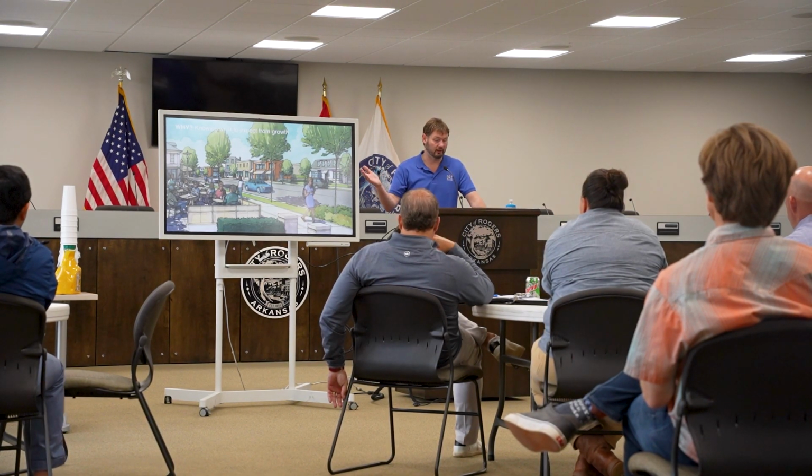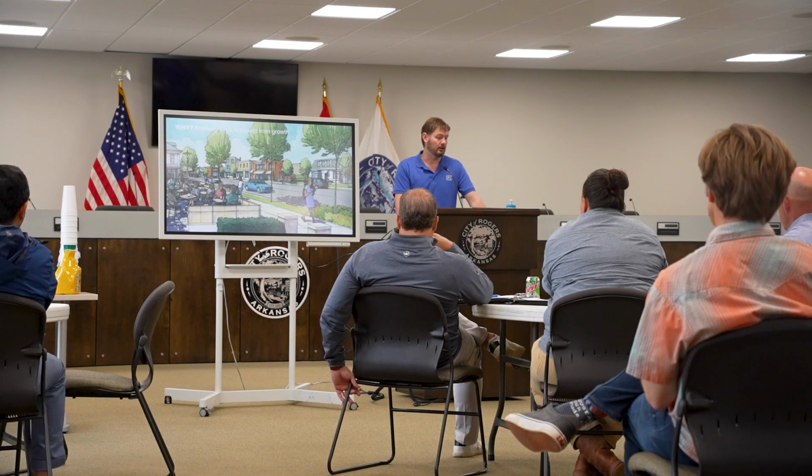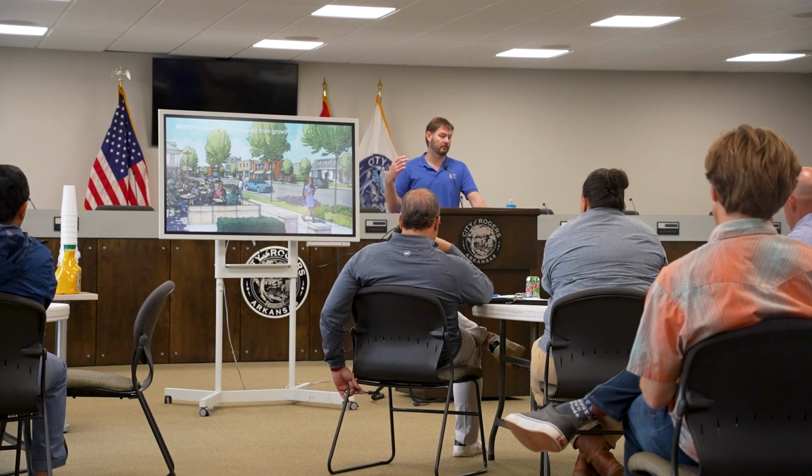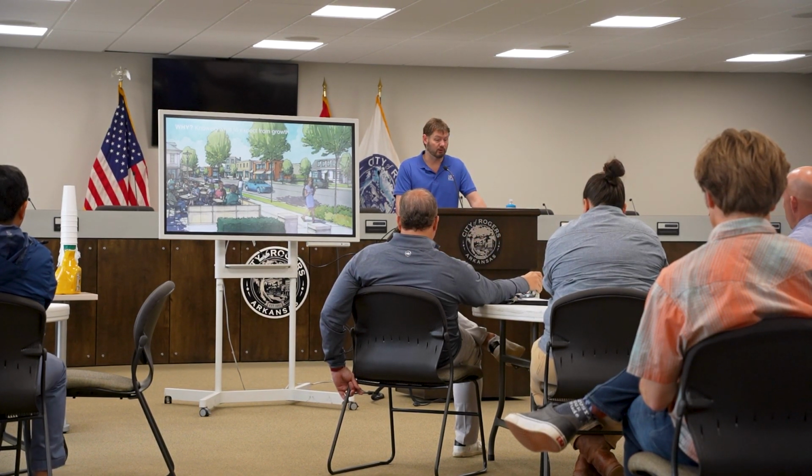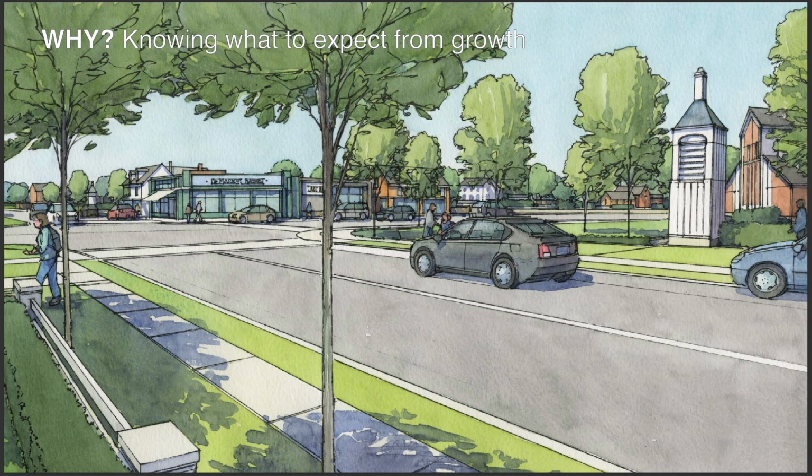Now, a Main Street place type, like this drawing, in the growth map, that really evokes an expectation of where buildings would be located, how tall they are, what sorts of uses are in those buildings, and how people will inhabit that area. And a neighborhood node place type in the growth map has a different character and a different set of expectations. And it's important in this discussion, too, to say we don't think that the future of Rogers is downtown everywhere, right? It's about this granularity of having the right type of growth in the right place.